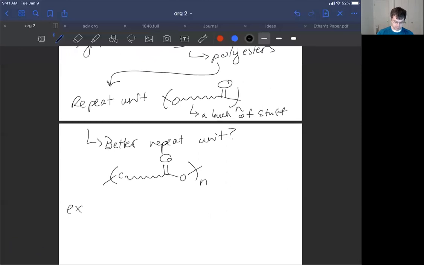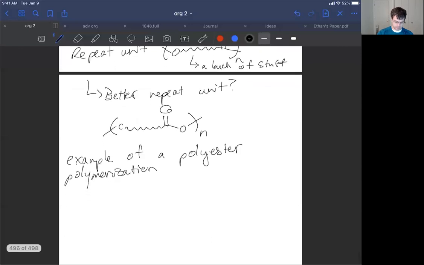Okay, an example of a polymerization. Let's take a 5-membered ring with an ester oxygen, and we're going to react this with some sort of nucleophile, used in small amounts, as this is just going to be an initiator, so a nucleophilic initiator.